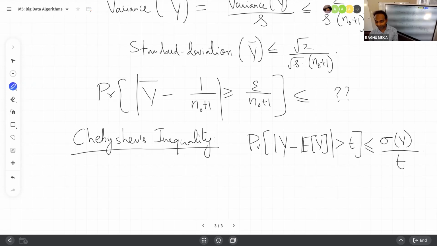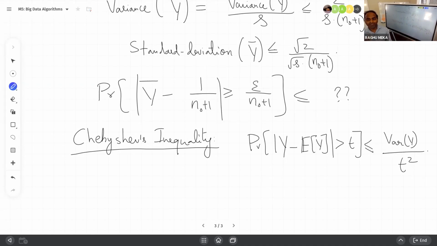Okay? Makes sense? Is at most, in fact, it's a square of this guy. So let me write it slightly differently. Is the variance of y divided by t squared. Yeah, I think that's the best way to write it.